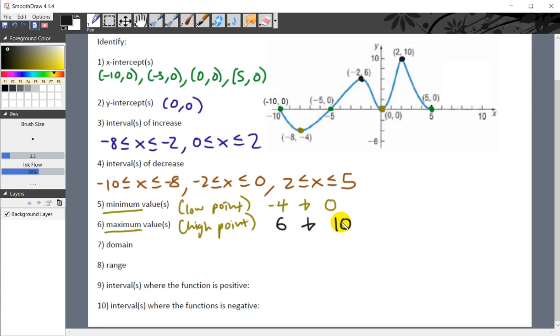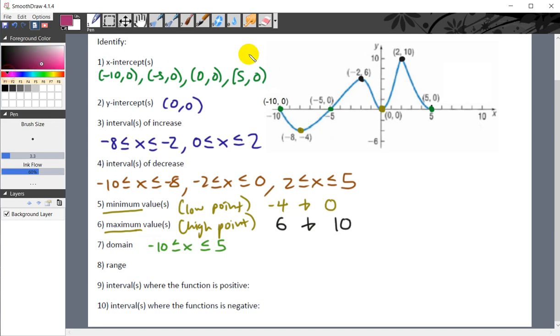Okay, domain. Domain is represented by the x values that exist. So as you can see here, the x values go from -10 all the way until 5. That's where it stops. That's our domain, from -10 until 5.